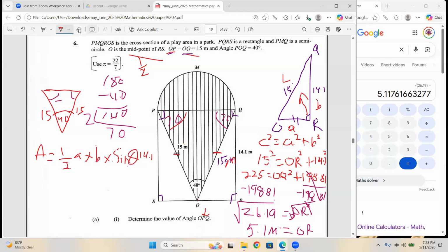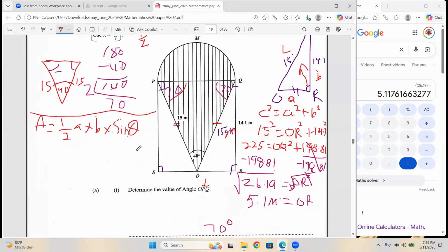Let me just move this out of the way for now. This formula, if you don't know it, is actually on the past paper. It would have been good if you knew it by heart, but if you don't, it's one of the few formulae you get on the past paper in the formulae list. So it's there.